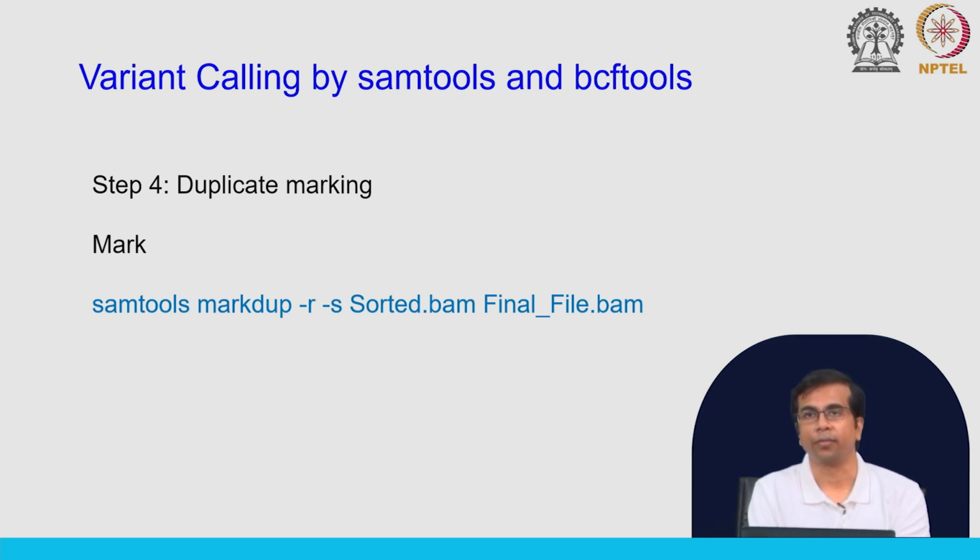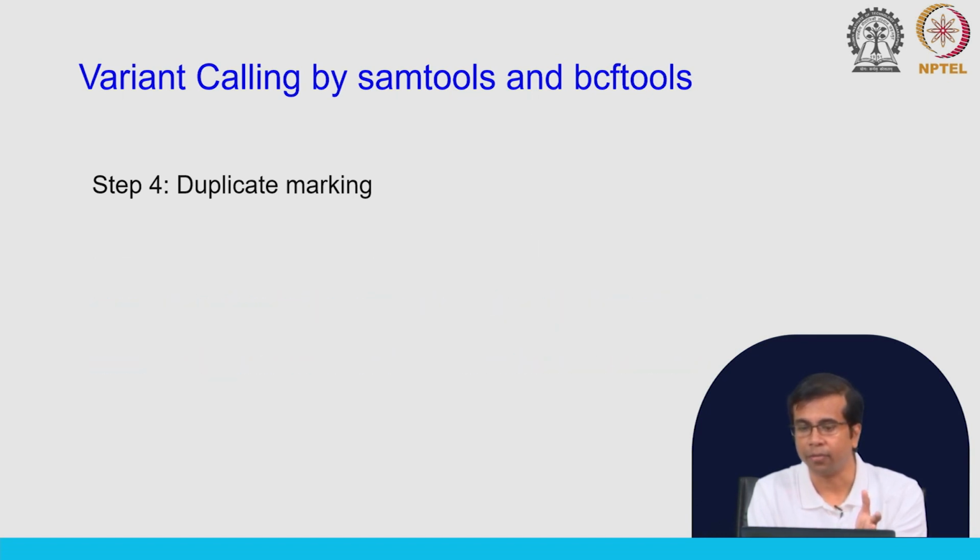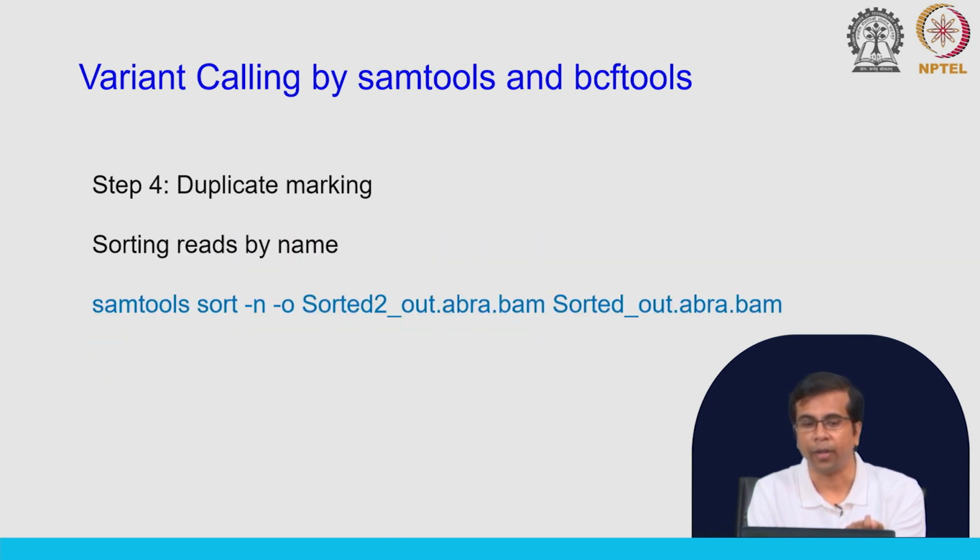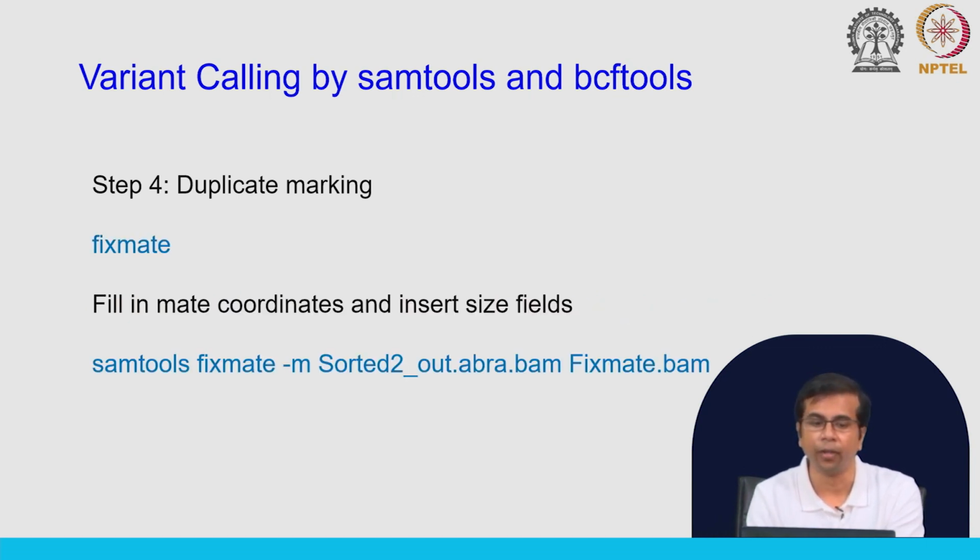So there are actually 4 steps here. First, after this realignment, we have to sort reads by name using this command, and you see we have used samtools sort, we simply need to use this -n option. Once we have done that, we use the fixmate command.